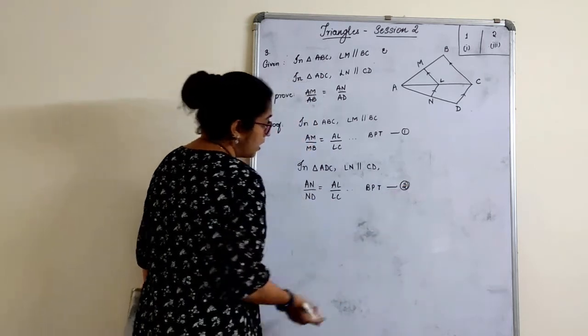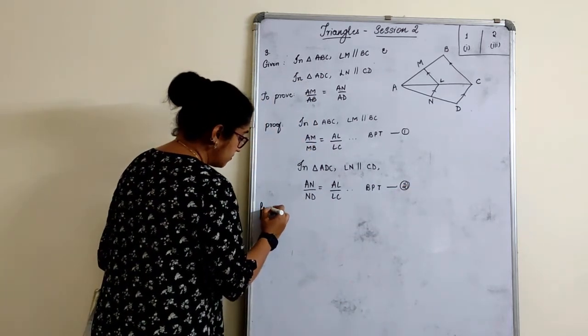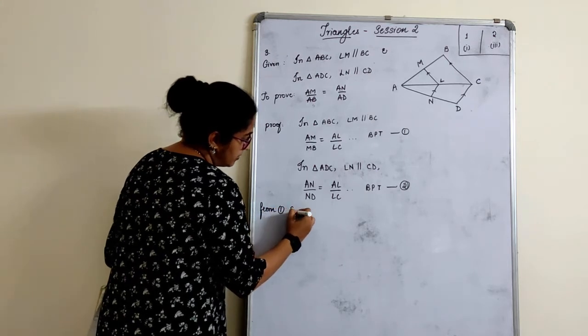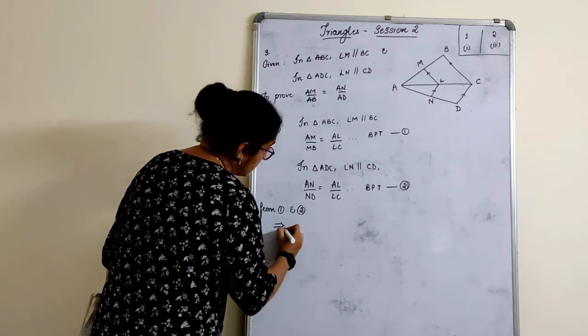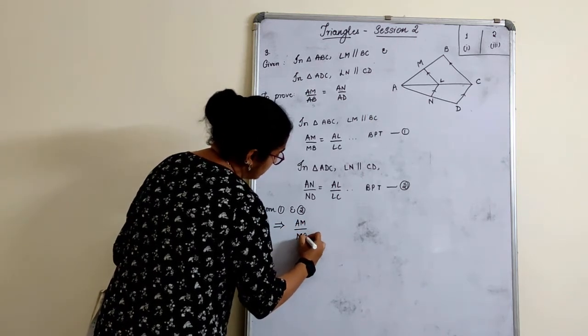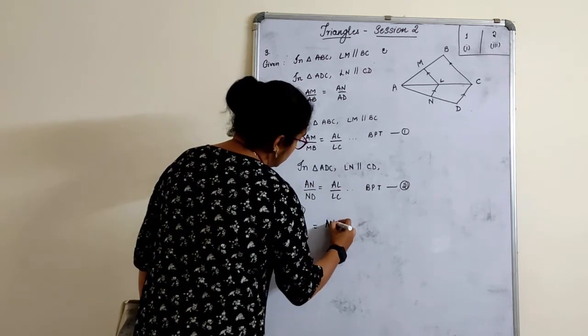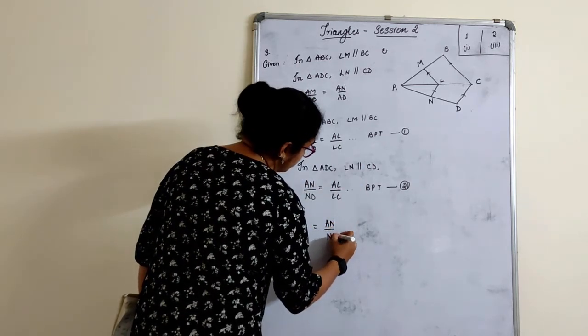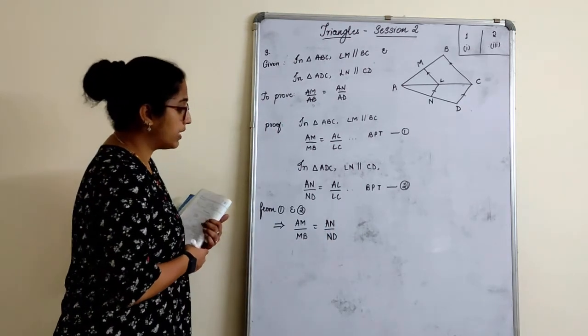Equation 2. Things equal to the same thing are equal to one another, so from 1 and 2, these two are equal. This implies, can I say AM upon MB is equal to AN upon ND, right? But is that what is required here? No, we don't require that.